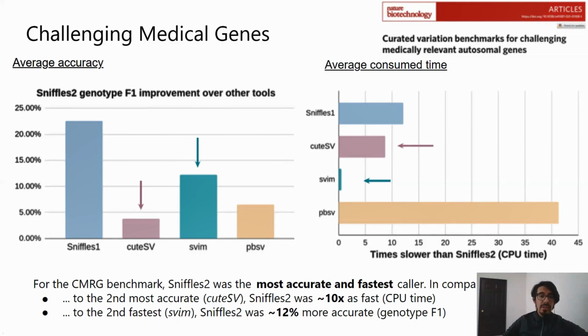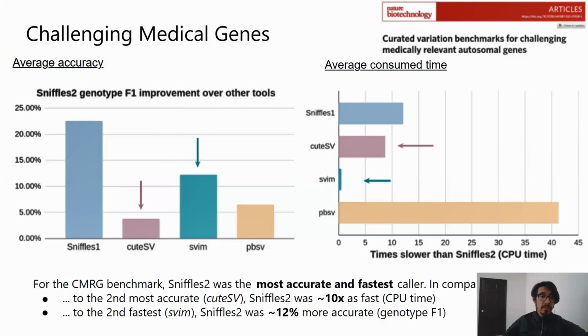On the other hand, if we take the second fastest one, which is SVIM, the result of Sniffles 2 is 12% more accurate. And thus, we show that Sniffles 2 is more accurate and also the fastest of all current tools available for structural variant calling.